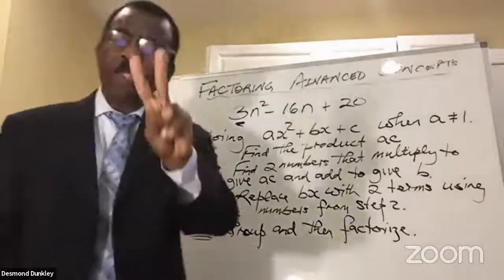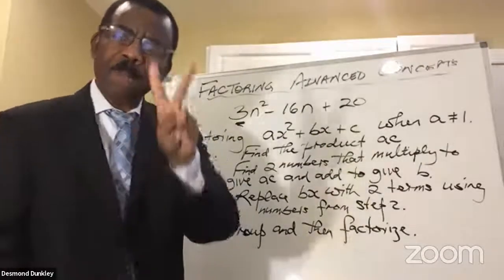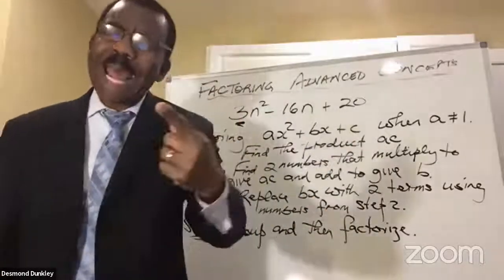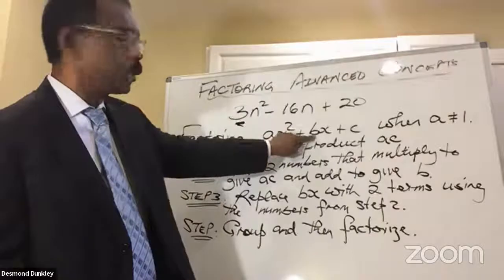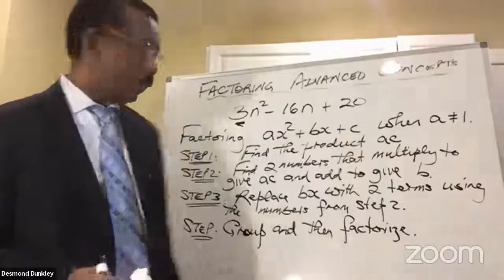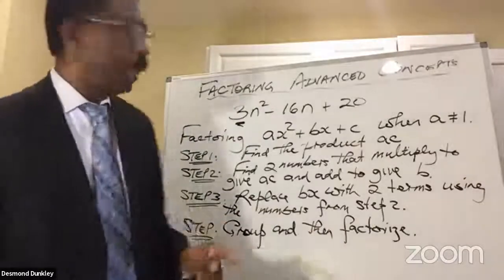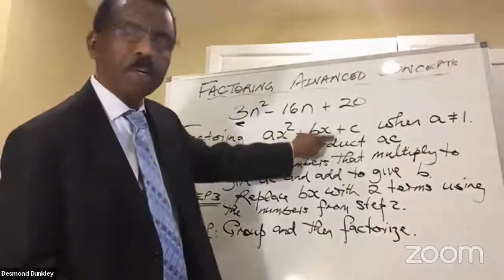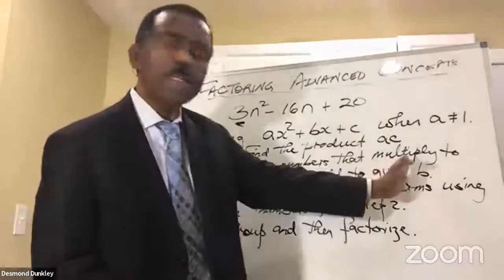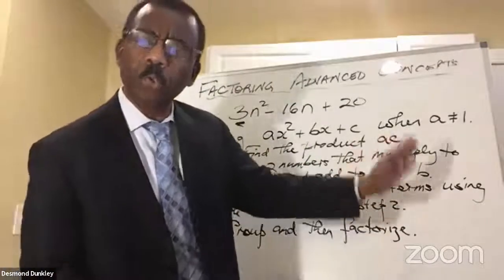Then we find two numbers that multiply to give us ac and also add to give us the middle term b. Once we get those two numbers, we go to step 3. We replace the middle term using the two numbers that we got from step 2.